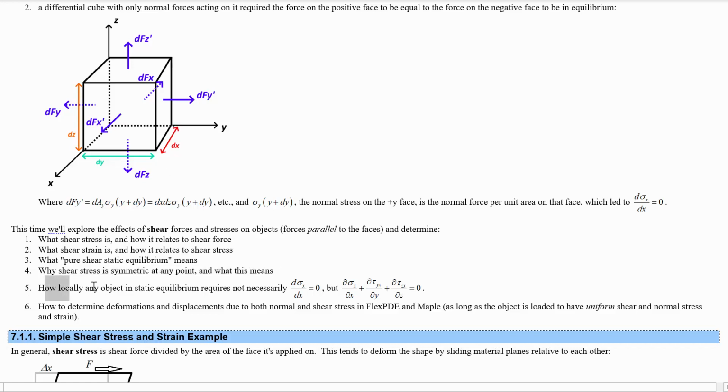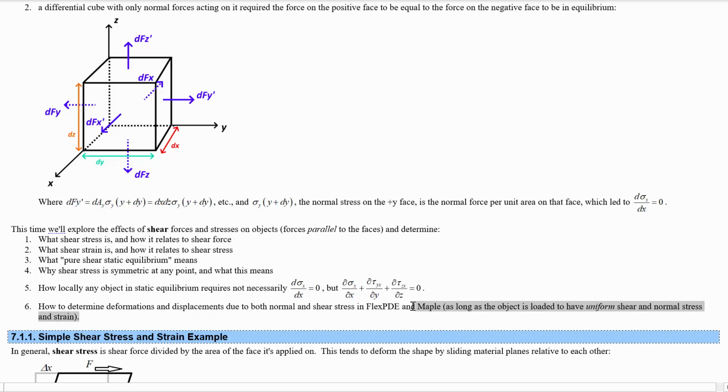And how locally any object in static equilibrium requires not necessarily this condition, but that this different partial differential equation involving not just the axial stress but the shear stresses is 0. And then once we have this, we'll practice finding the shear stress, deformation, etc. in both FlexPDE and Maple.